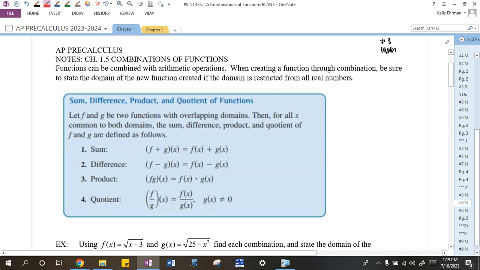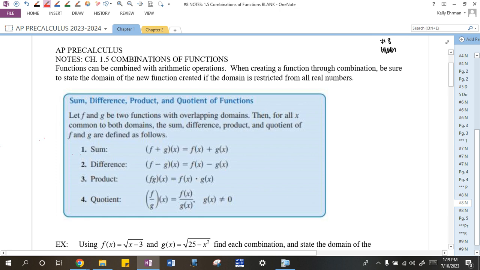So first of all, we've got some notation to look at. You've seen this since, honestly, really since Algebra 1. So f plus g of x just means add f of x to g of x. You can subtract two functions, you can multiply them, and you can divide them.